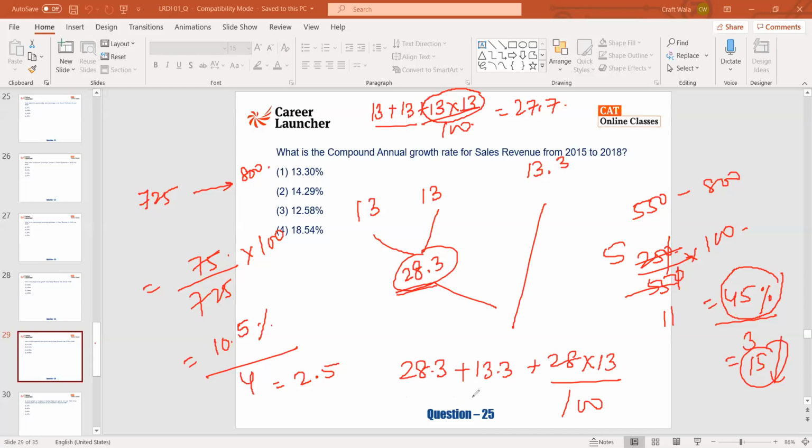So 28 plus 13, this will give me around 42, and this will give me around 3. So that gives me 45%, very close to 45%. Right? So that means 13.3 is the correct answer choice here.